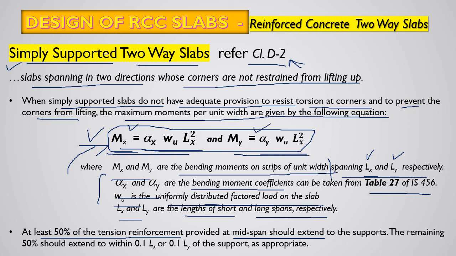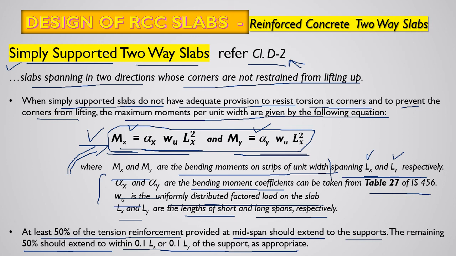So that means we are finding the reinforcement required to take care of this much bending moment, which is the maximum bending moment at the mid of span of the slab. So code is suggesting that at least 50% of this reinforcement you have to provide to the support, and the remaining 50% you can extend to within this range, that is 0.1 Lx or 0.1 Ly of the support as appropriate.